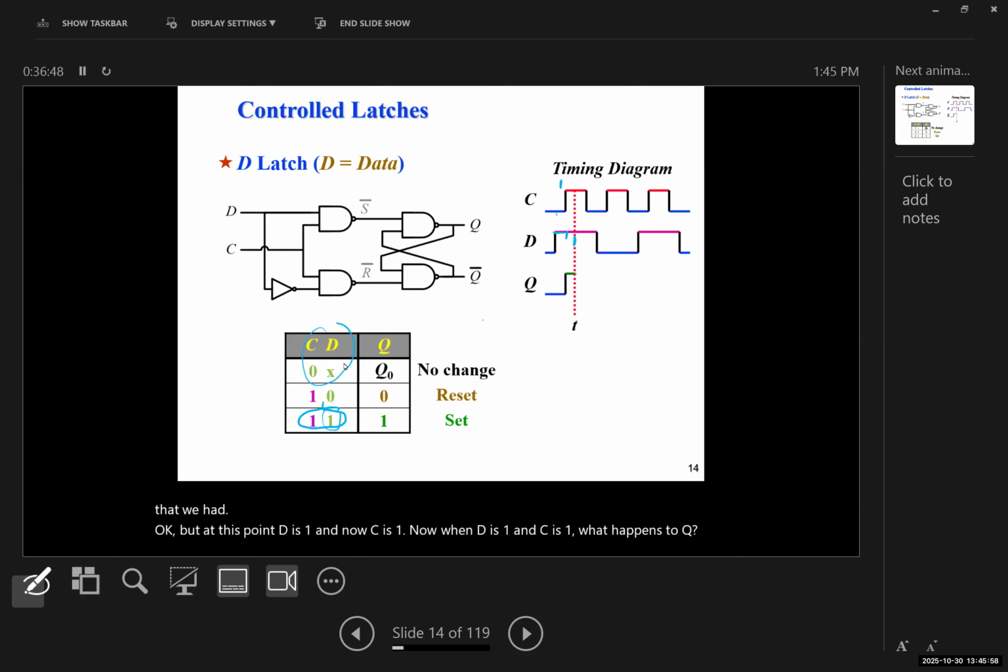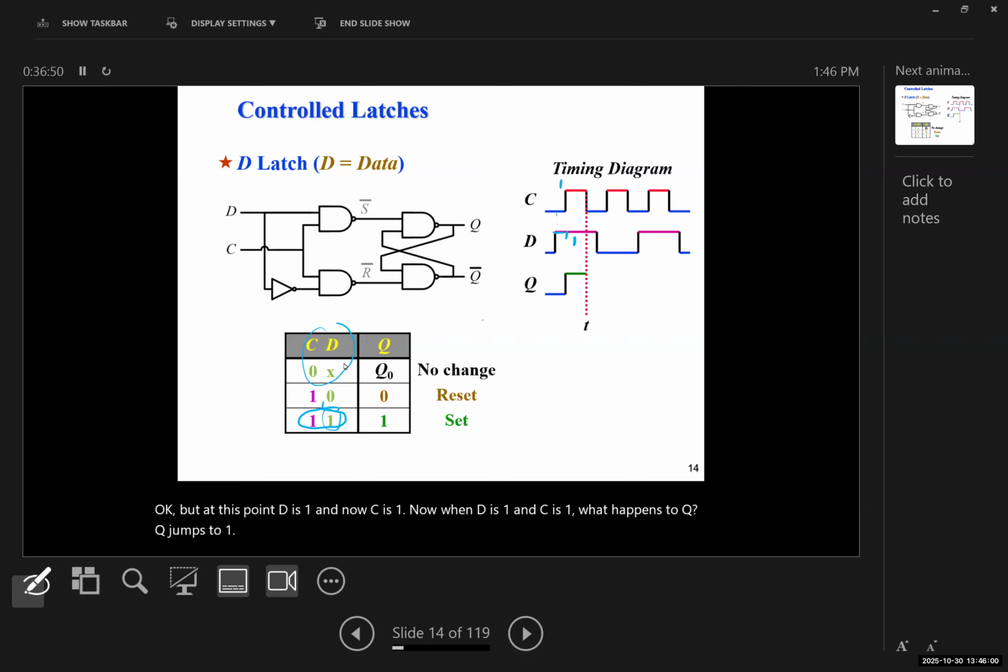Q jumps to 1. Now, C has gone back to 0, but D is still 1. What happens to Q? It stays at 1. Why? Because when C goes to 0, we have no change. It stays the same, so it's just going to continue the same.